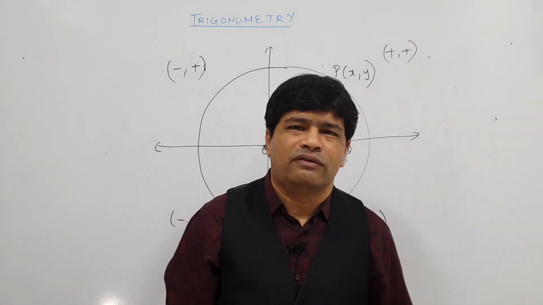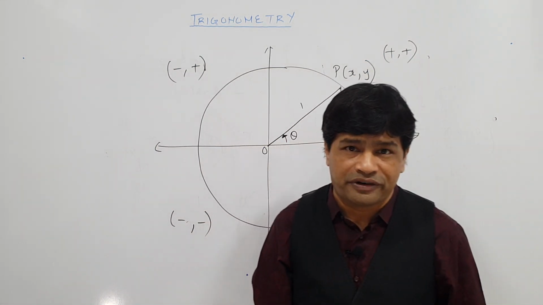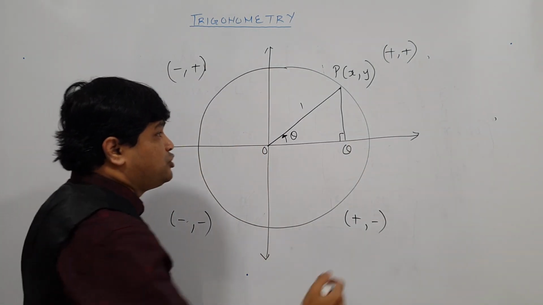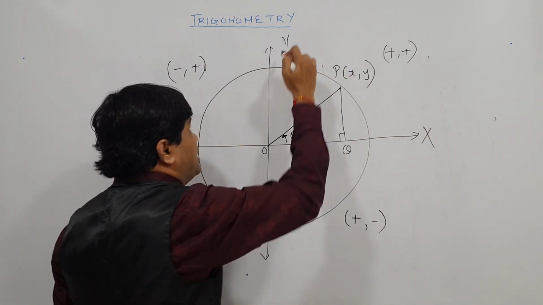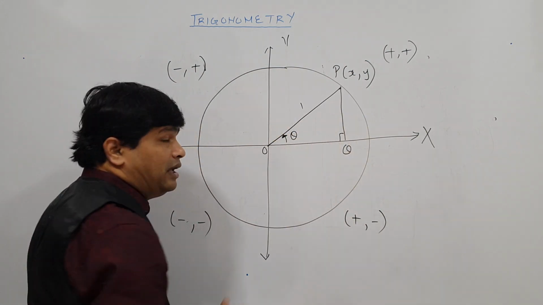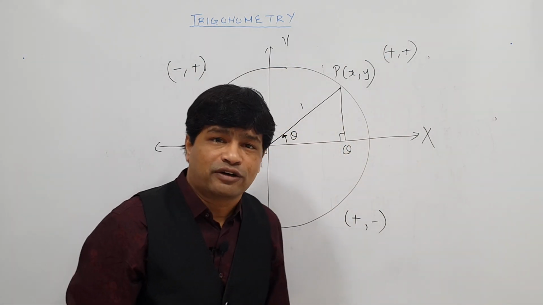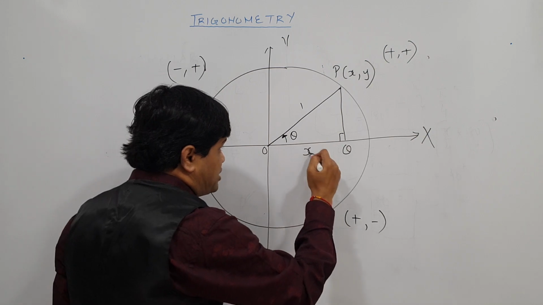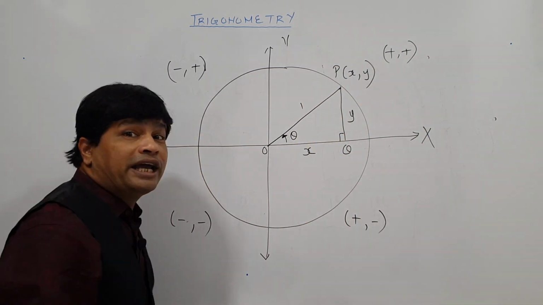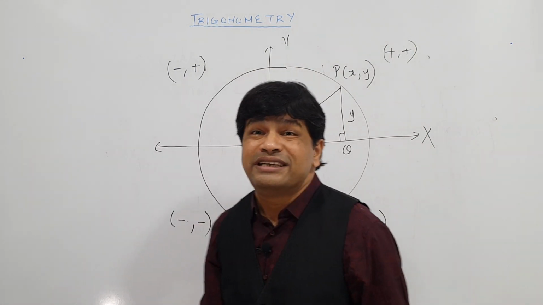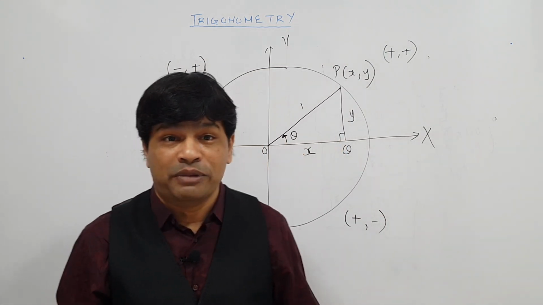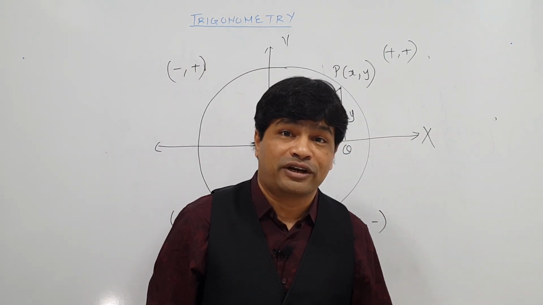Now you would ask, sir, how can we relate coordinate geometry to trigonometry? Well, there is a very important point over here. Children, in coordinate geometry we study if I want to measure perpendicular distance from y-axis, it is always equal to x coordinate of the point. And if I measure perpendicular distance from x-axis, it is always equal to y coordinate of the point. Now this is a perpendicular. The moment we see 90 degrees, we can correlate the ratios of trigonometry.